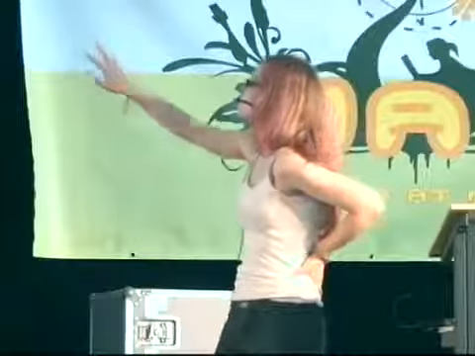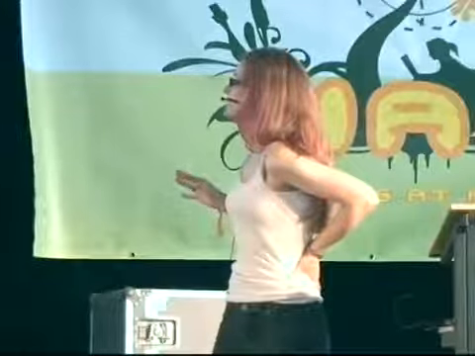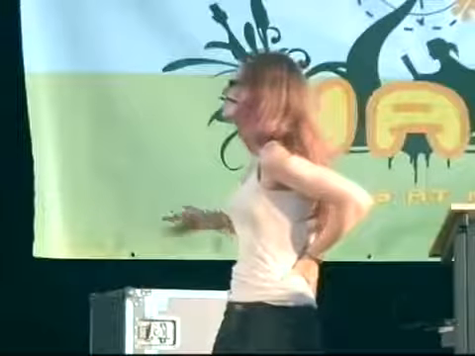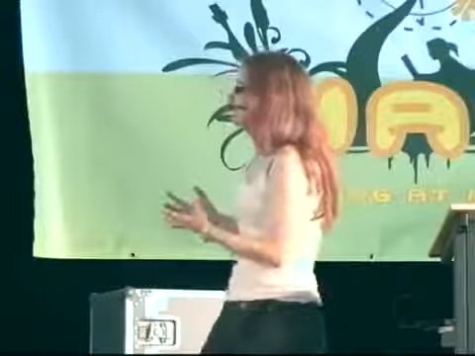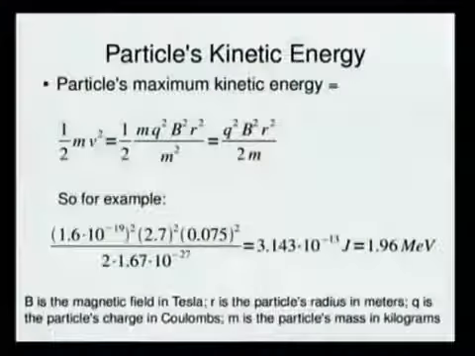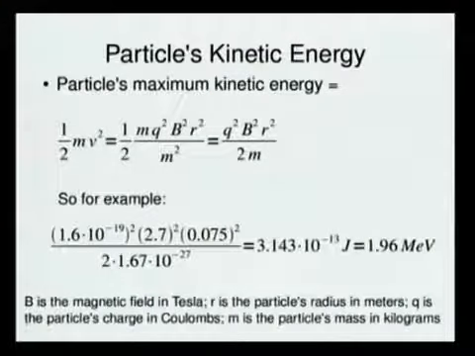So just for example, for the cyclotron I built, these are not in the ideal units, Tesla, coulombs. You end up getting an energy result in joules, and then you can convert that to MeV. So 1.96 MeV. Around 1, 2, 3 MeV is standard for this size of cyclotron and the type of magnets you'd be able to build.